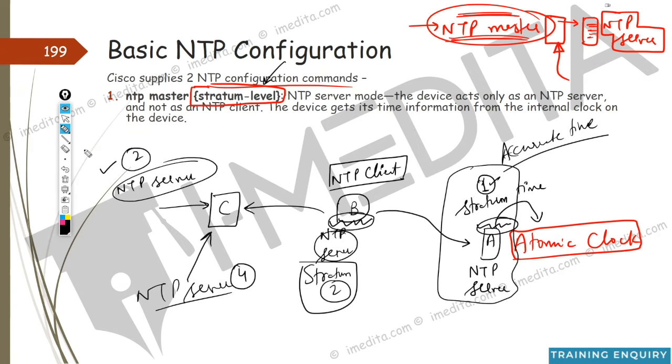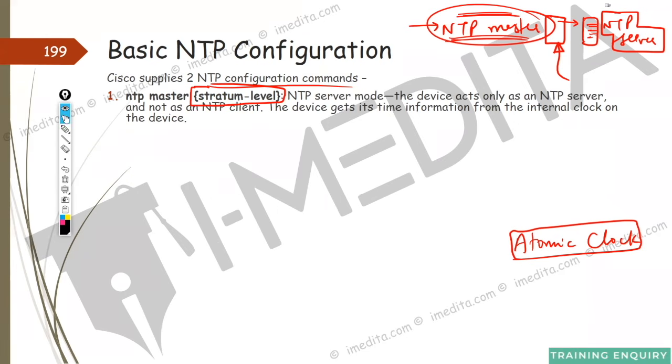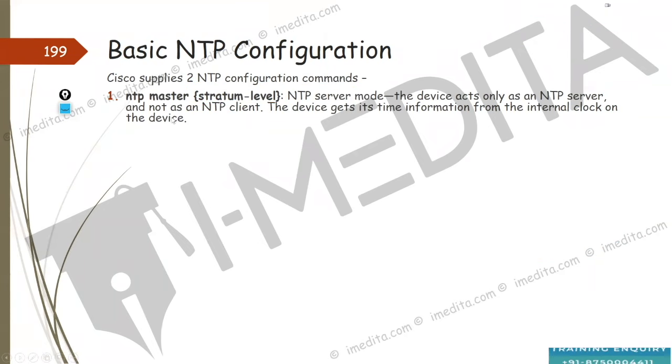Okay. So that is the main aim of having this Stratum. So this is the first command that you give generally to configure the Cisco iOS device as an NTP master, basically becoming an NTP server for others.